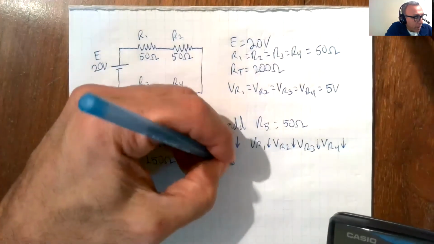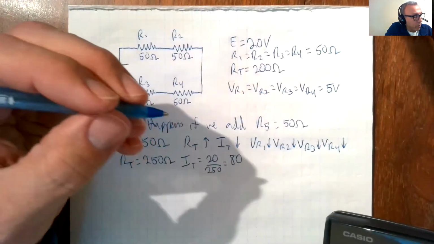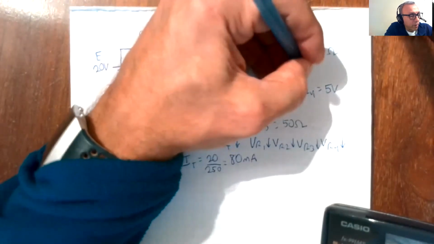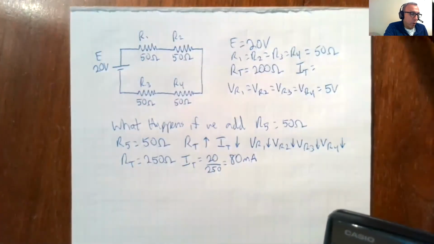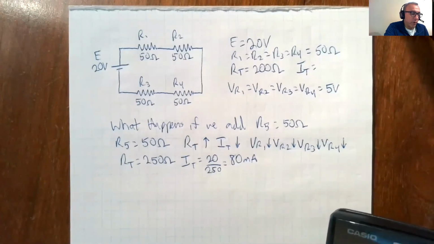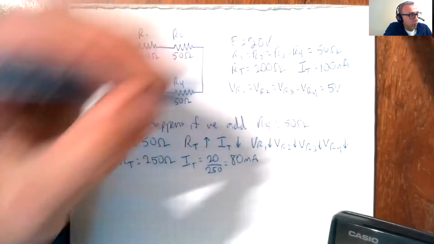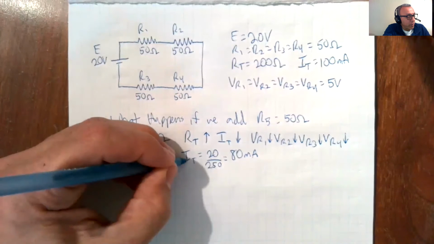Which is now 80 milliamps. Over here, IT was 100 milliamps, right? Because it was 20 over 200. So IT went down to 80 milliamps.